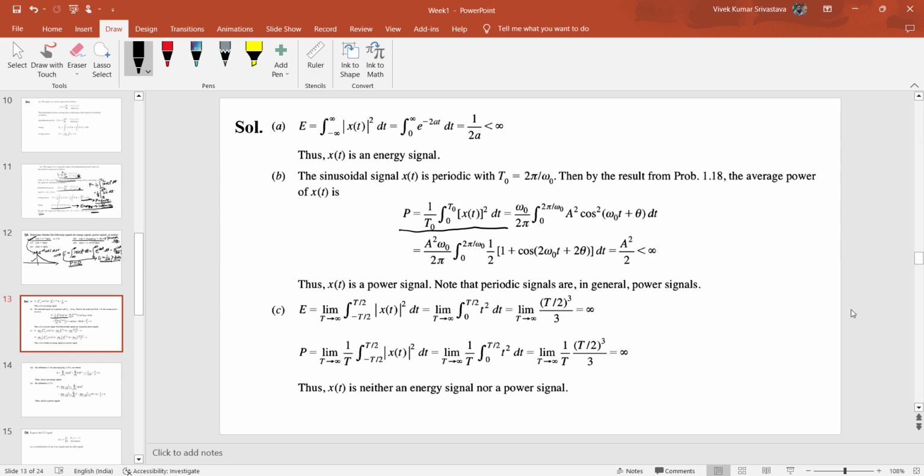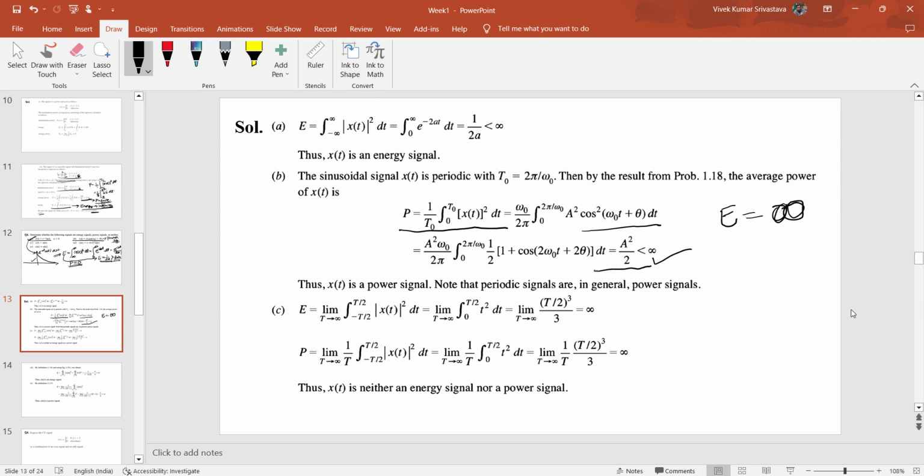Okay, so like here 1 by t naught integral 0 to t naught mod of x of t square dt. Once you calculate this expression, the calculated power will be equals to a square by 2, which is a finite quantity. Okay, similarly if you calculate energy for this signal, this will become equals to, oh sorry, infinite.